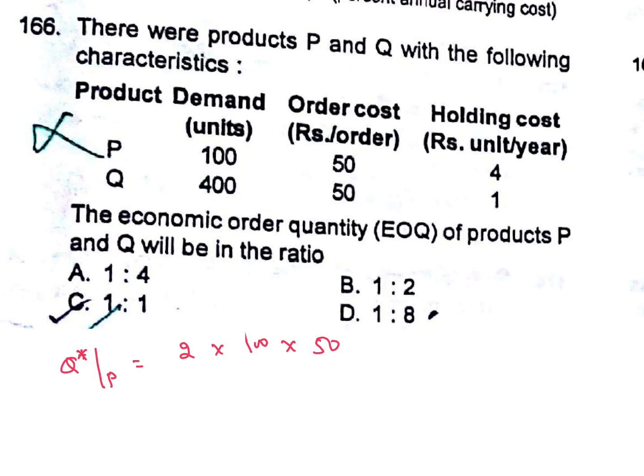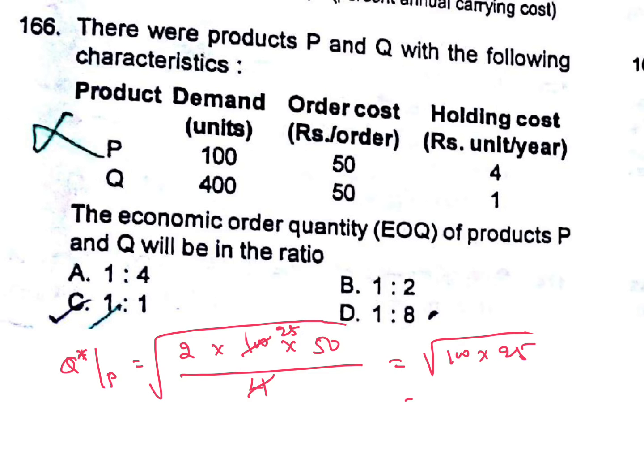That is root over of 100 into 25, so 10 into 5, you will get 50.